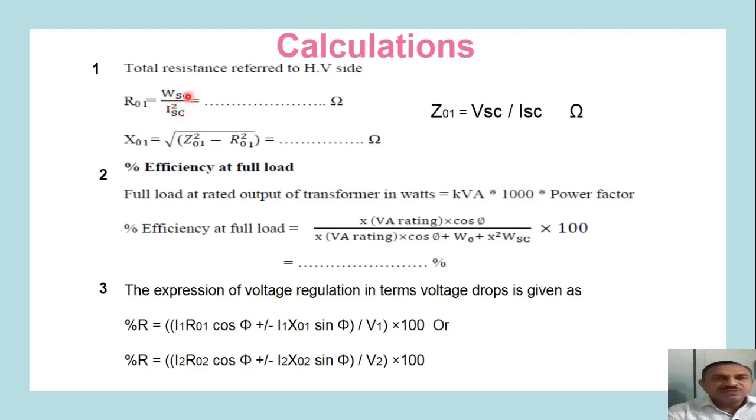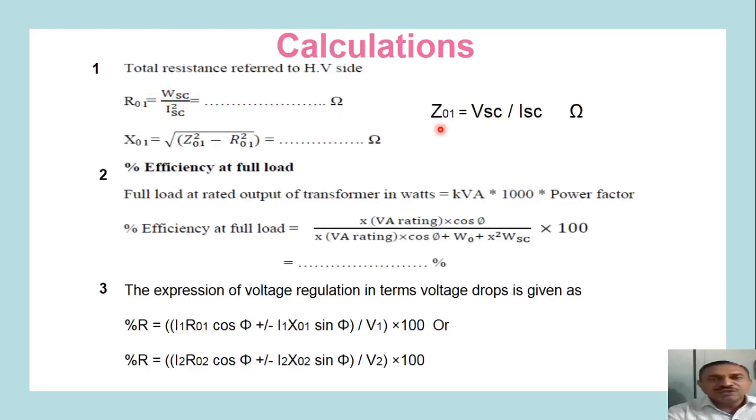This equation we got from our basic equation, that is W is equal to I square into R, the common equation we use in fundamentals of electrical engineering. So R01, whatever value you can calculate here.